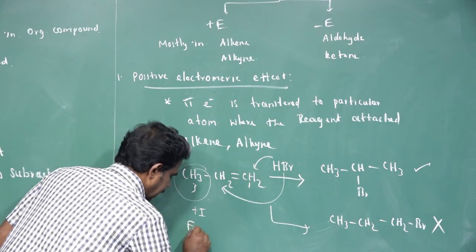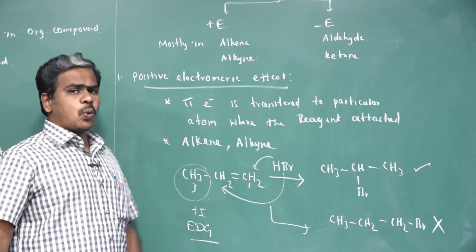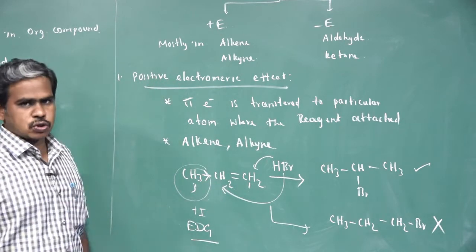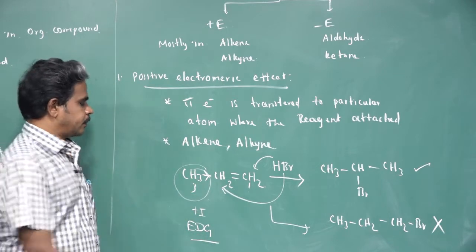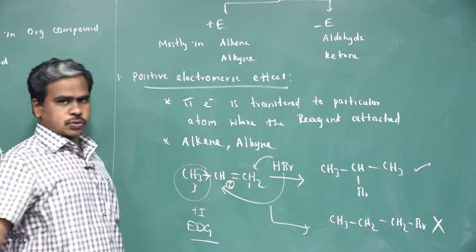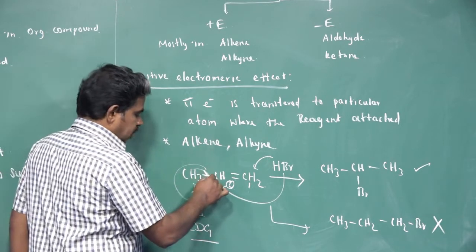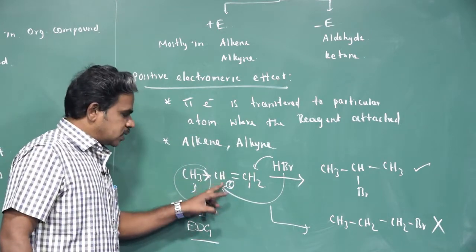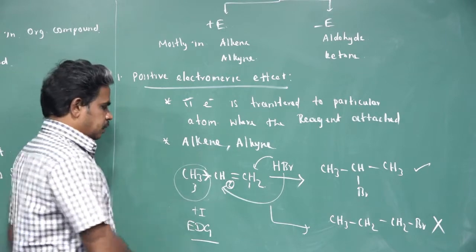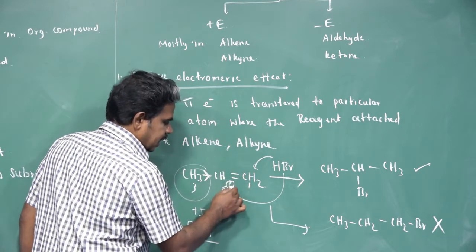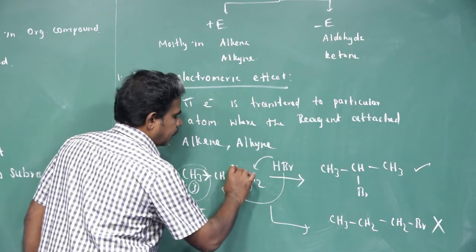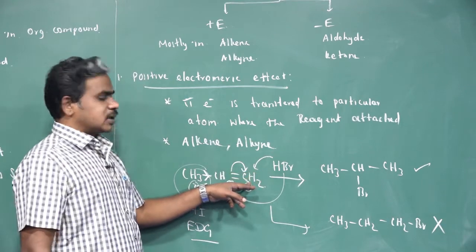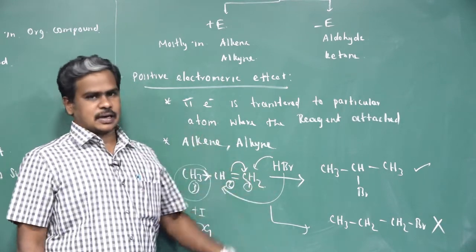So the pi bond will move towards the second carbon, so in the second carbon the electron density increases. Then the pi bond will move towards the first carbon. So hydrogen is attached to the first carbon, not the second carbon.